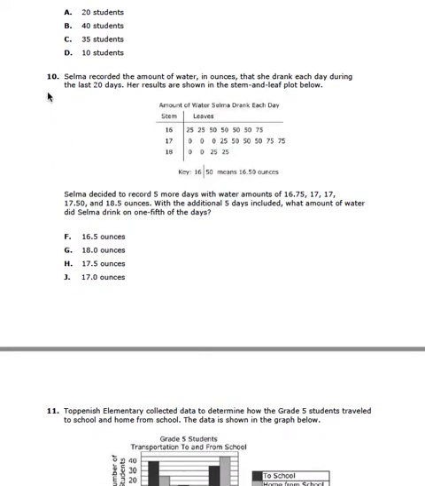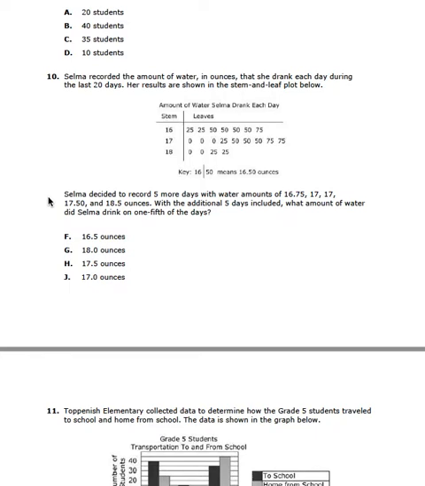Question 10. Selma recorded the amount of water in ounces that she drank each day during the last 20 days. Her results are shown in the stem and leaf plot below. Amount of water Selma drank each day. Selma decided to record 5 more days with water amounts of 16.75, 17, 17, 17.5, and 18.5 ounces.